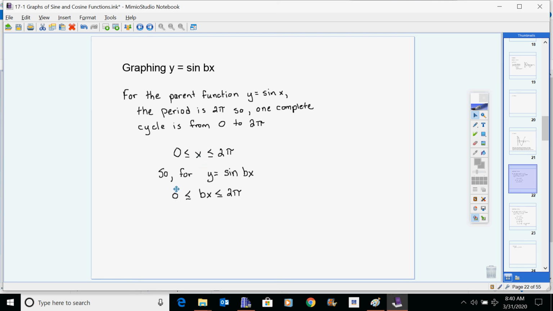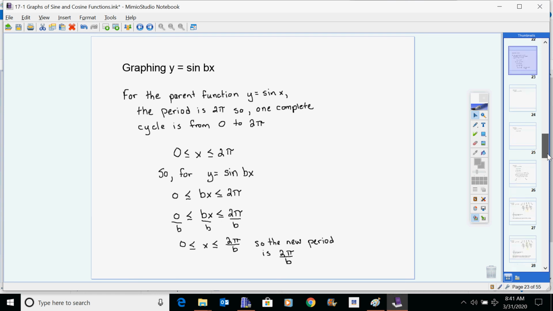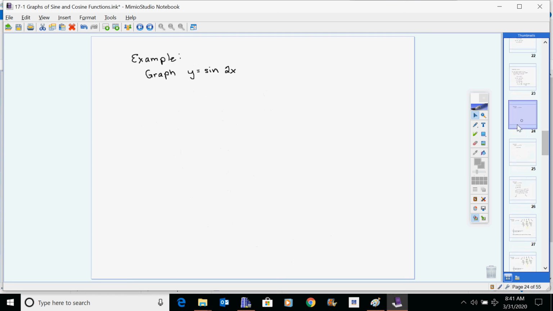So our range for a normal one would be 0 to 2 pi, but I have this bx value in this spot, so we'll put that between. And then when we solve this inequality and divide all three places by b, that gives us our new period. Now it doesn't go from 0 to pi to 2 pi, it goes from 0 to 2 pi over b. And just to make that clearer, of course, we have examples.